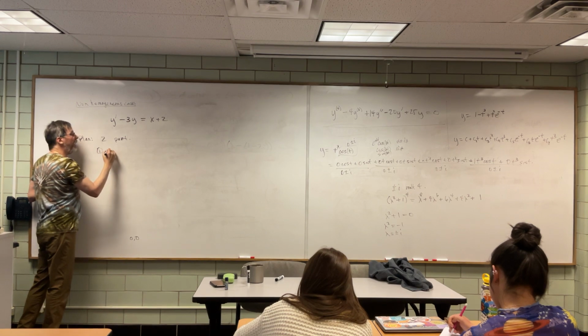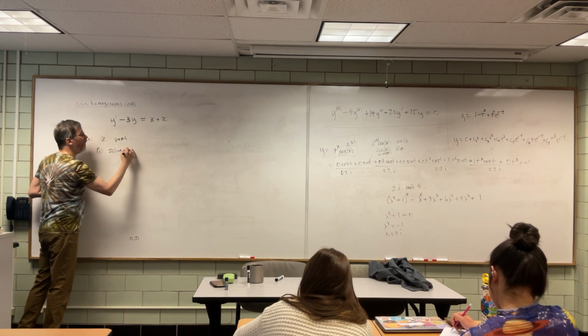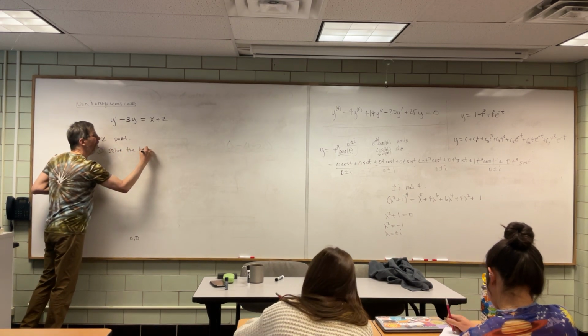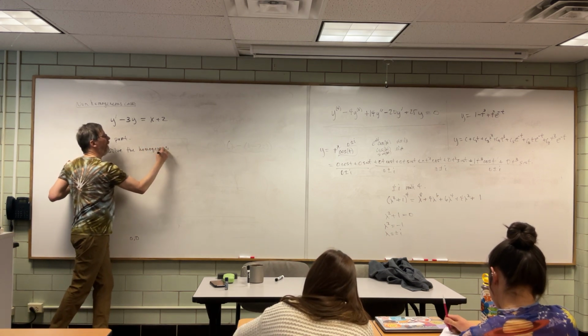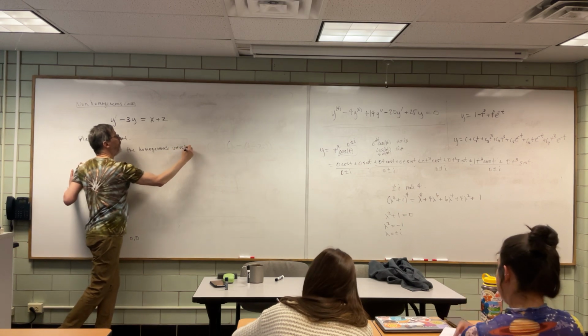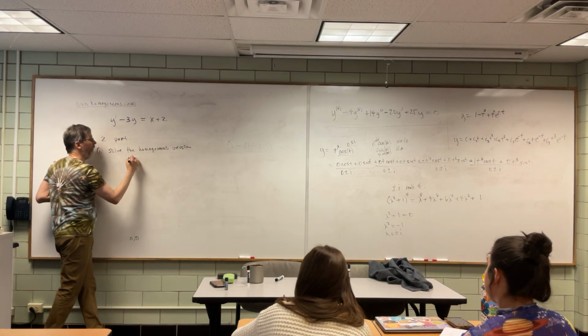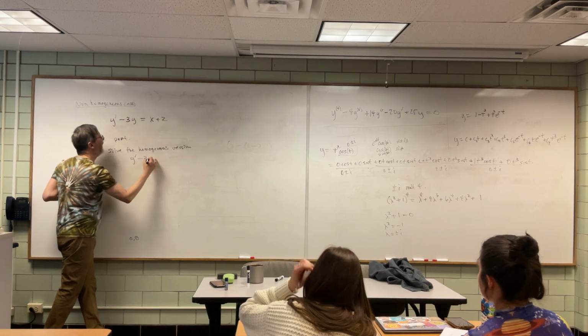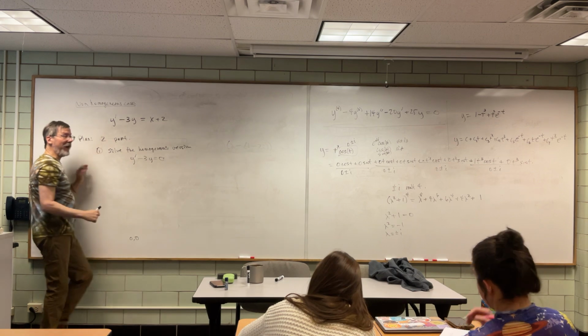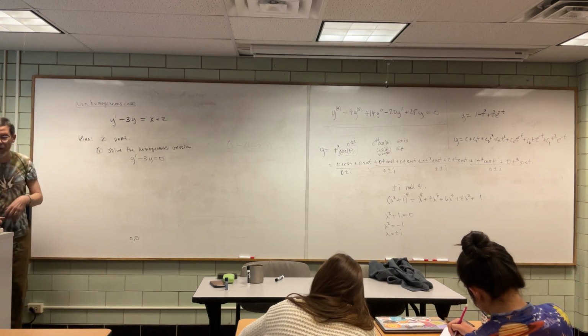Part 1 is to solve the homogeneous problem. Homogeneous version. So in other words, just replace the right side with 0. So we solve that. Can you solve that in your head?